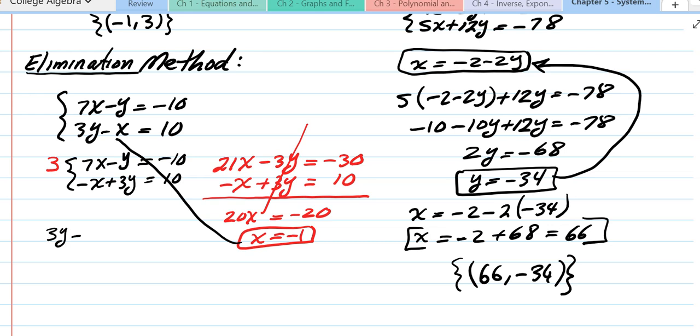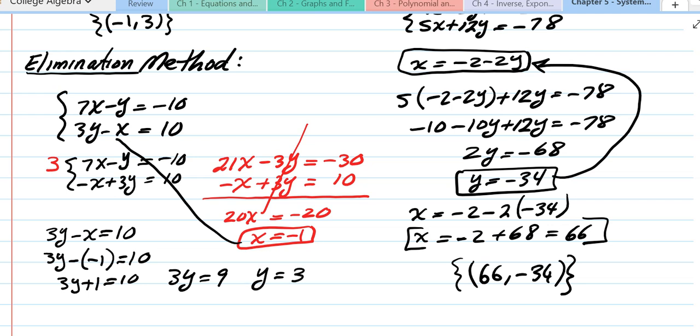That reads 3y minus x equals 10. Plug in x, which is negative 1, the solution. Double negative 1 makes positive 1, equals 10. And then subtract 1 from both sides. 3y equals 9. Divide by 3, and y must be 9 divided by 3, which is 3.